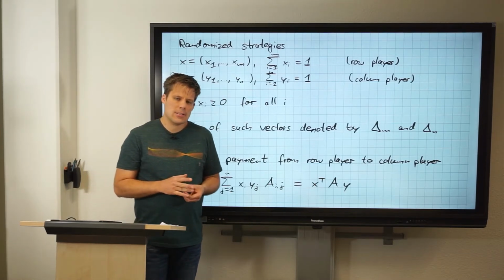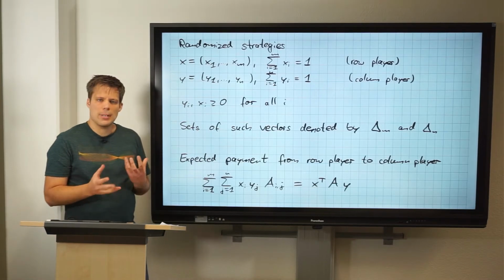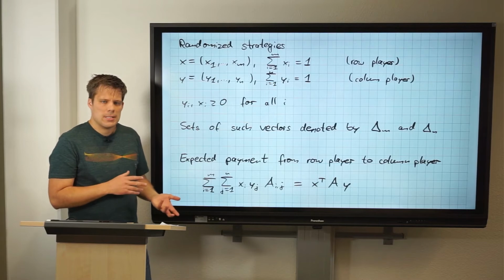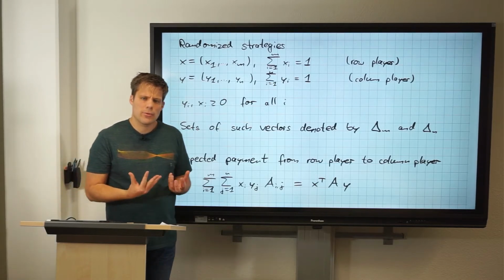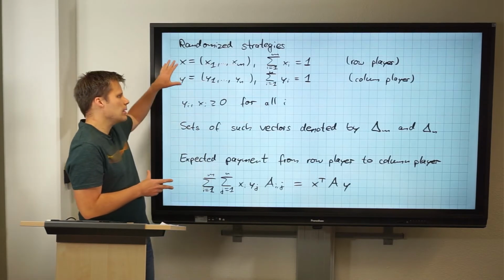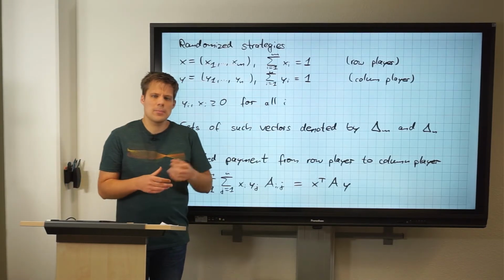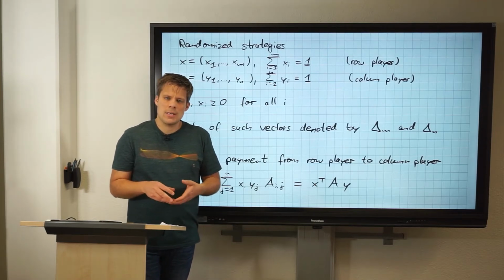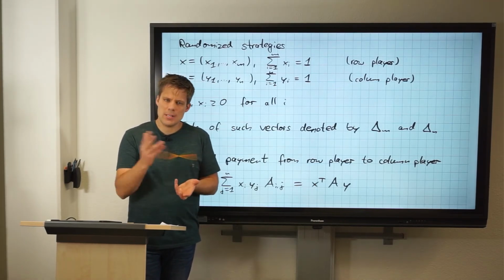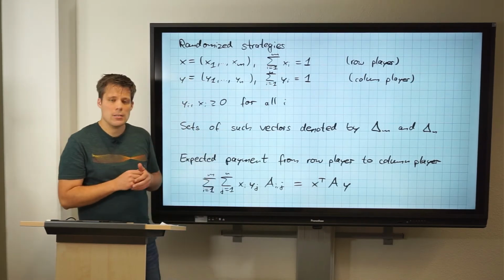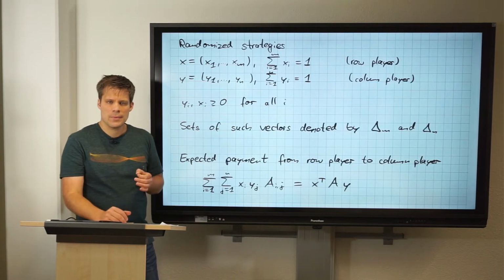Now, the big question is, in which order do players play? Do both players play simultaneously, as we know it for rock, paper, and scissors? Or, what if one of the two players chooses to play first? Does this player have a disadvantage because the other player can see which strategy, so which probability distribution, this player chose, or not?